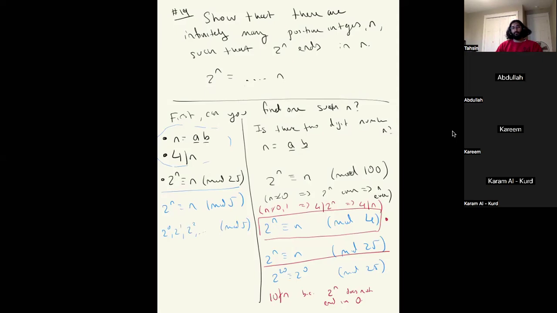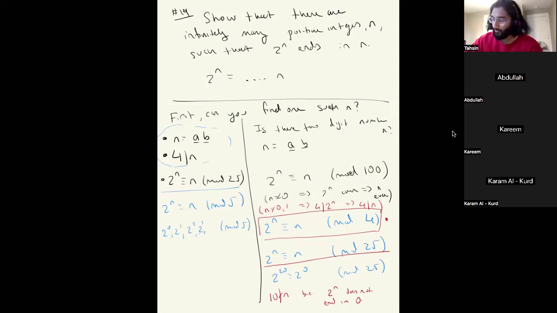Yeah, the powers of 2 mod 5 repeat in cycles of 4 elements. That's right, they repeat every 4, but n mod 5 repeats every 5. So we can find n in any residue class mod 5 that satisfies this.